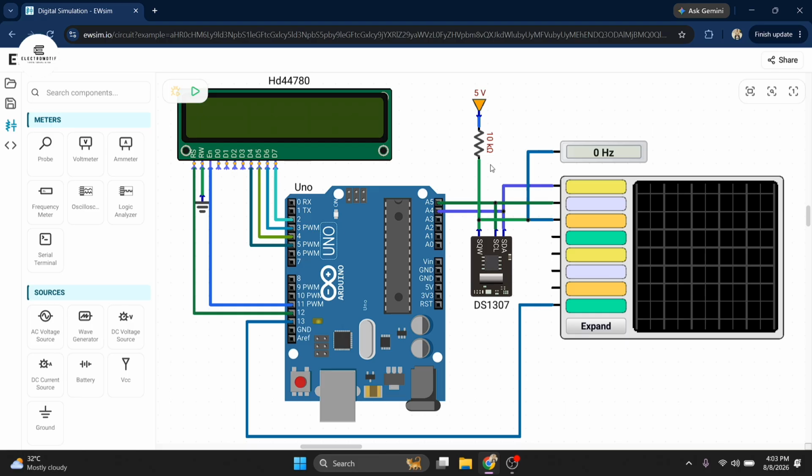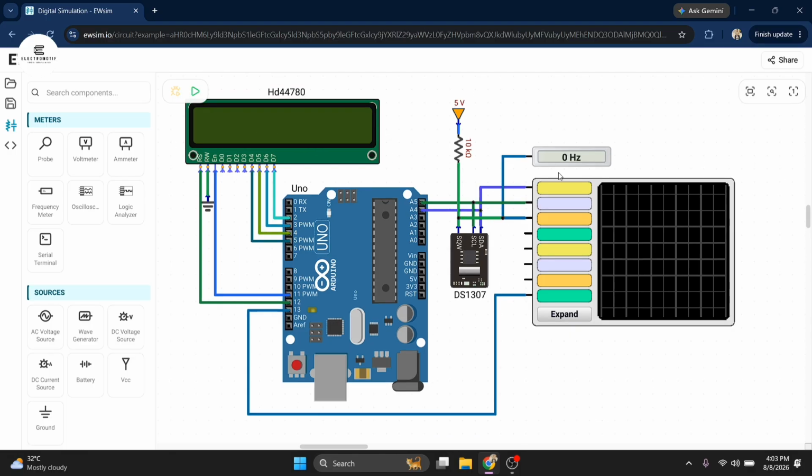This 10 kilo ohm resistance is connected to the SQW out pin, which can generate a square wave output at selectable frequency, typically 1 hertz, 4.096 kilohertz, or 8.192 kilohertz. The 10 kilo ohm resistance is acting as a pull-up resistance. So these are the basic functionalities of this example.